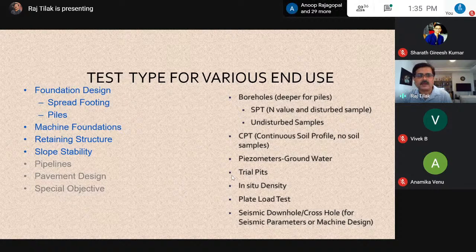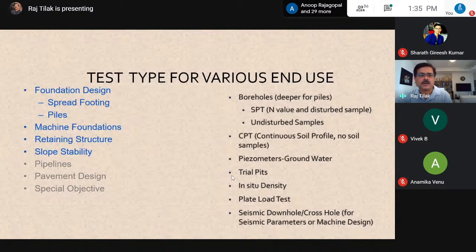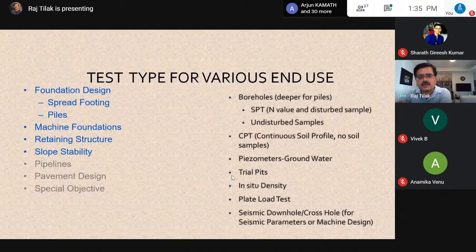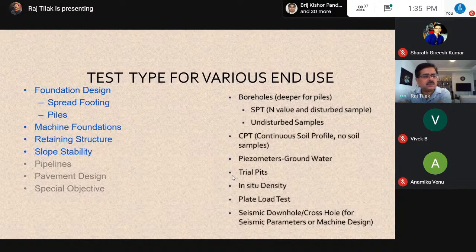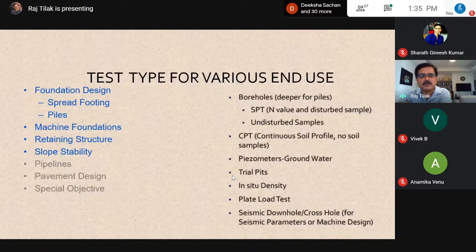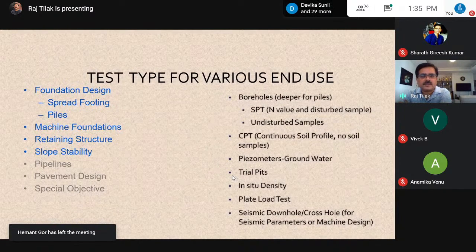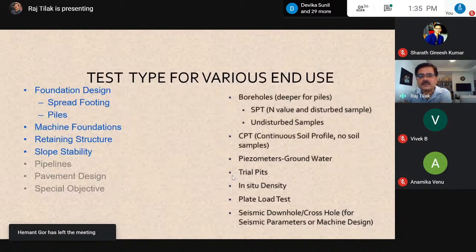You try to understand what the end use is, and you recommend accordingly your test campaign through your scope of work and specifications. Somewhere groundwater table does play a lot, so you should try to install a few piezometers in the ground, because boreholes do measure the groundwater table, but it is not very precise. It can have the drilling fluid inside, so there are sometimes differences observed.